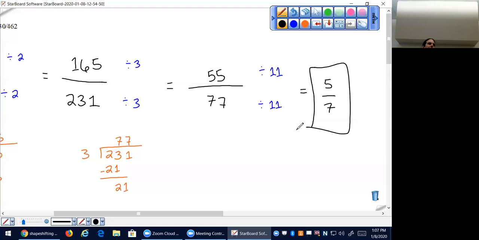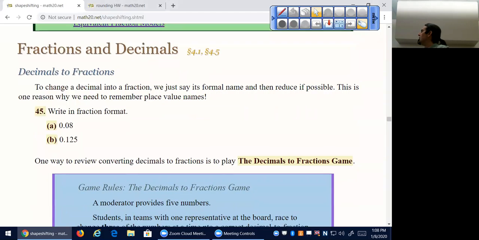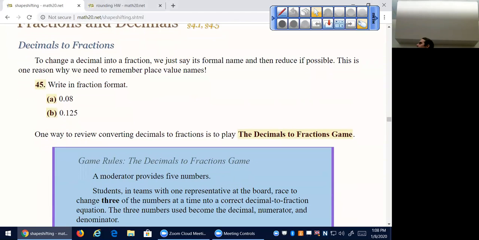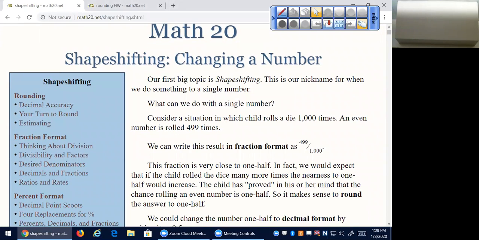Okay, questions about how that works? Okay, we're almost out of time. So now it's true that we've finished not only the rounding thing, but a fair amount of the fraction format.